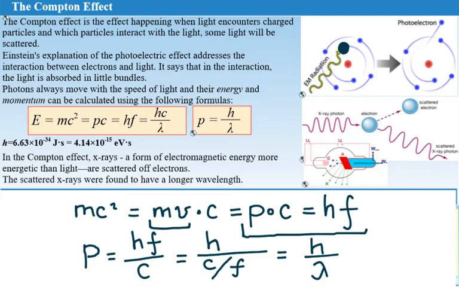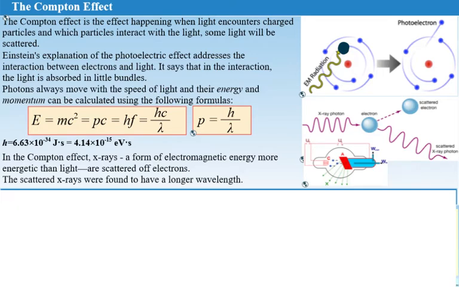Quickly, to go over this and finalize what the Compton effect is about: when the photon enters matter, it is likely to interact with the atomic electrons, and the photon is scattered from only one electron rather than from all the electrons in the material. When the photon enters the material and meets an electron, the photon energy is equal to Planck's constant times the frequency of the photon.